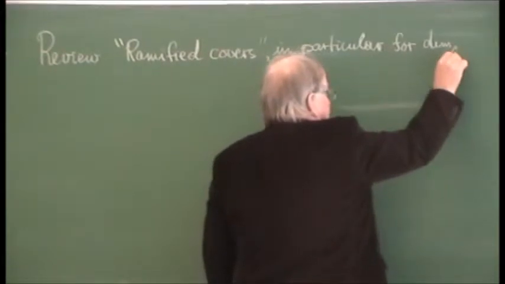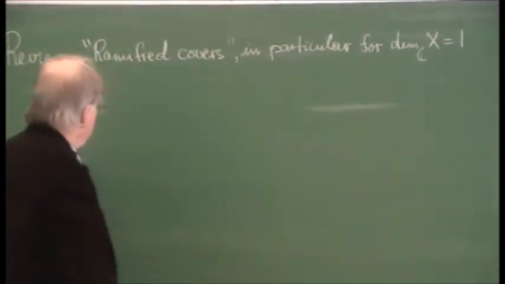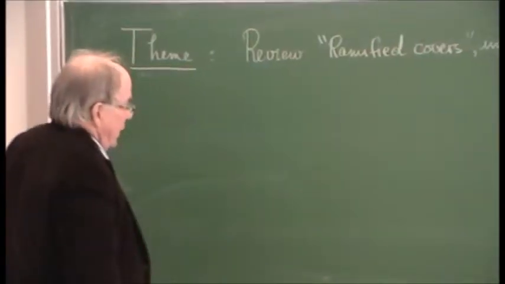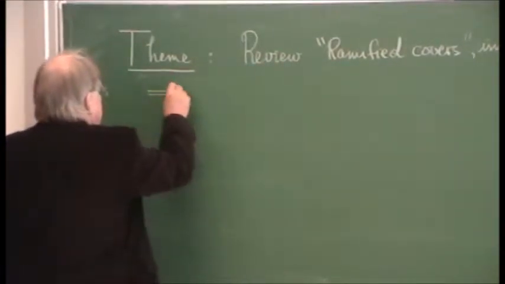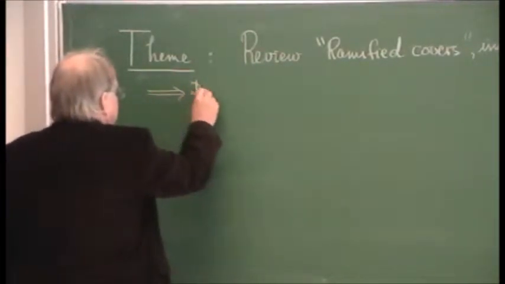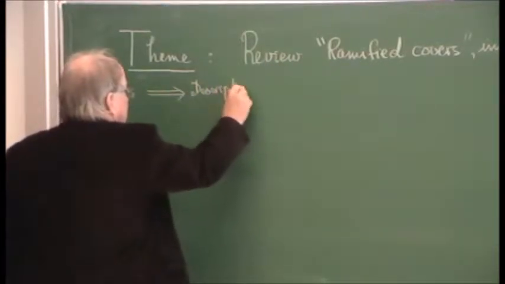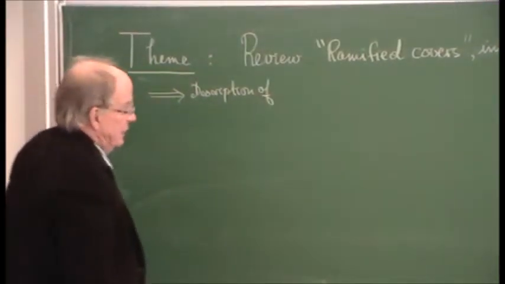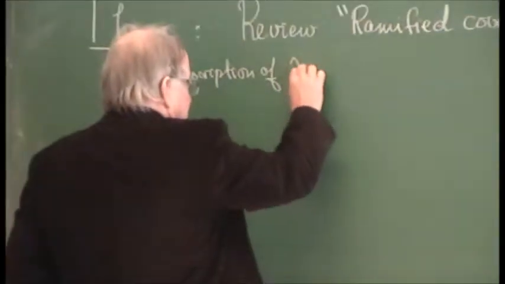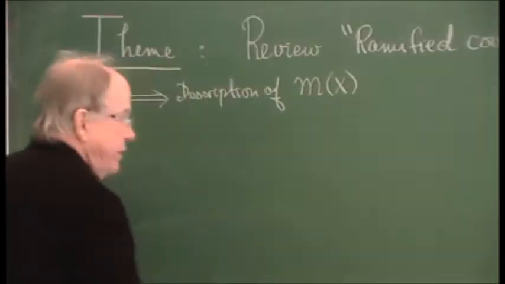Say the dimension of the upstairs space of both spaces to be 1. And this will give us the description of the function field of X. So I call it the field of meromorphic functions on X. X is connected, so it's a field.